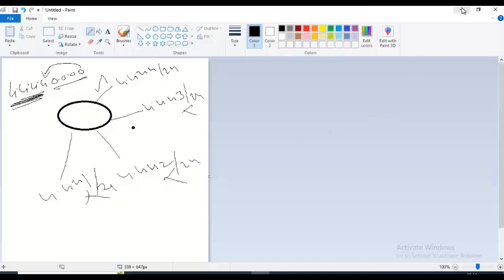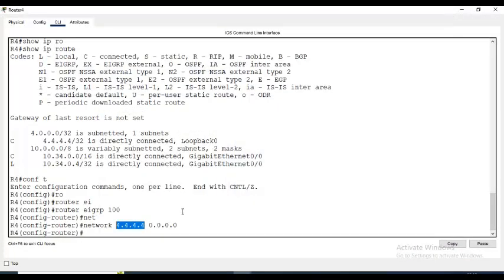So it is easy to filter in EIGRP using wildcard mask. You are saying, I don't want any other interface to run EIGRP. I want only that interface which has this IP address. Did you understand? This is needed only if you have many interfaces with the same subnet with different IPs.